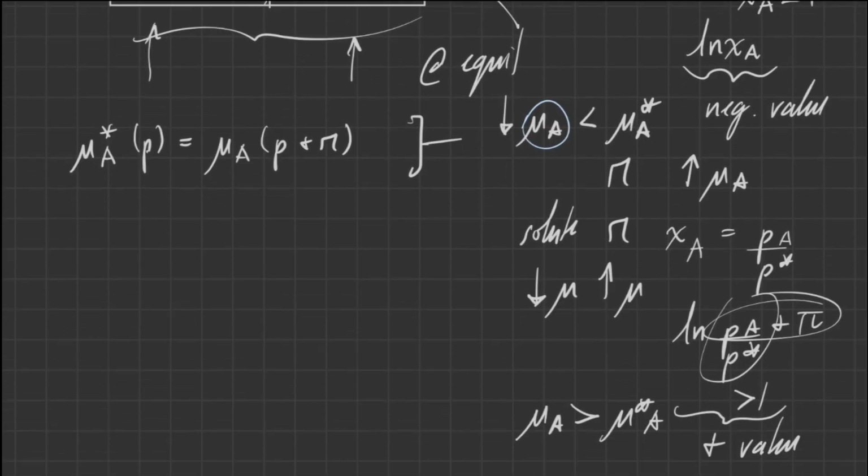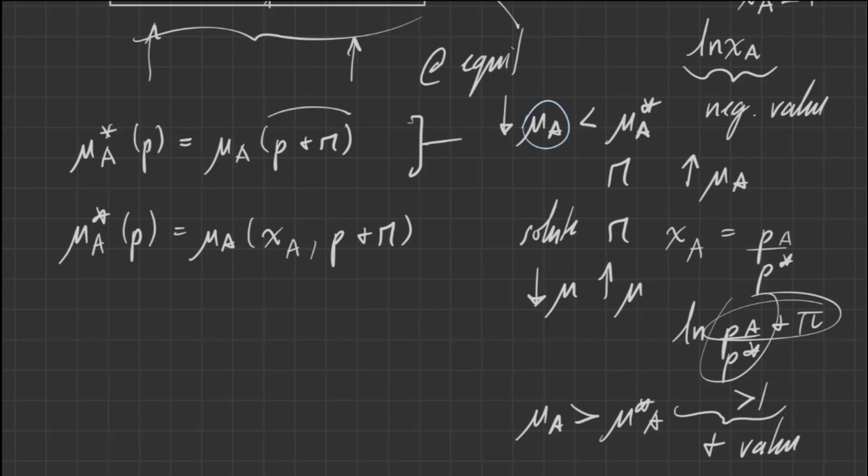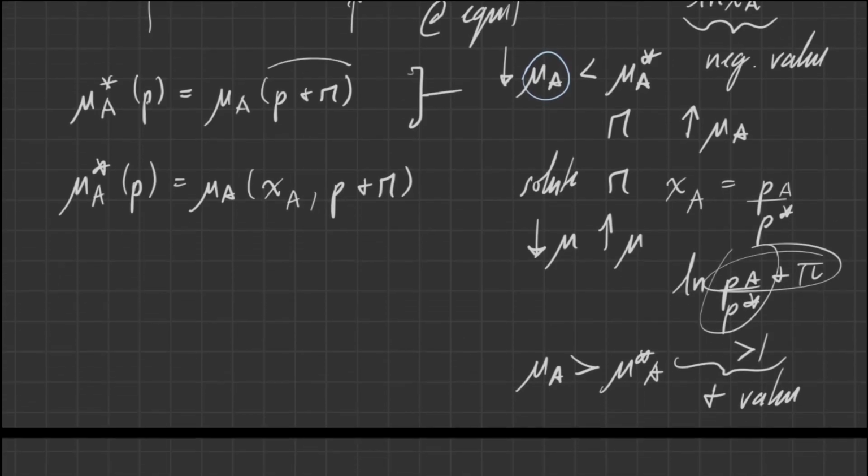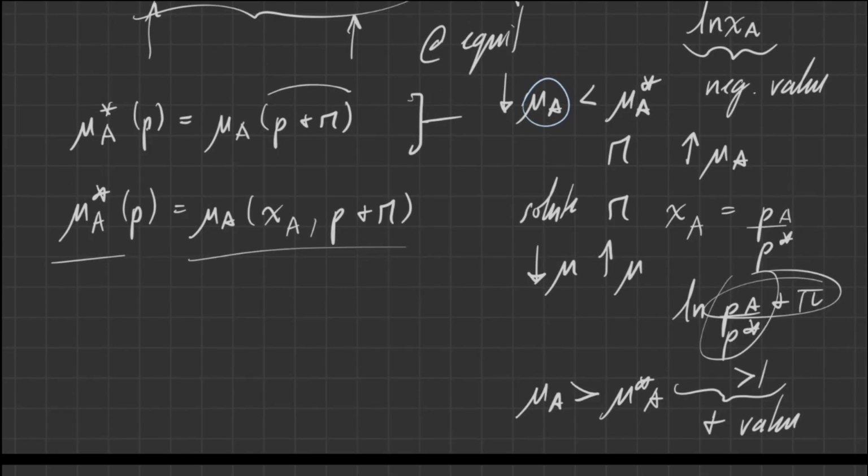Alright, so here we have that pressure value. We also want to express the fact that this isn't a pure solution. So say XA with these parameters. You have your XA, your mole fraction, and this change in pressure, so your standard and then your non-standard.